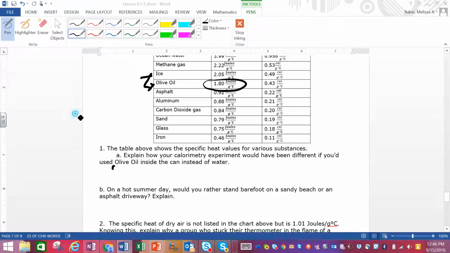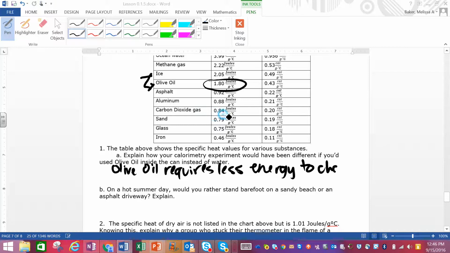So olive oil requires less energy to change 1 gram of it 1 degree Celsius.